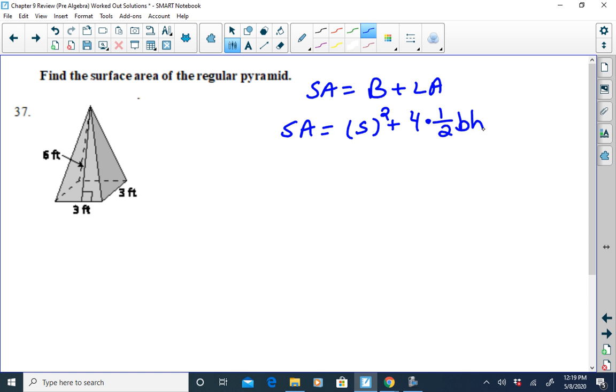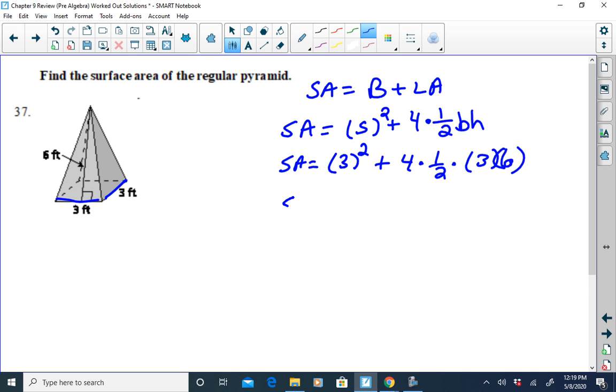The fact that the base is a square means you're going to have 4 triangles for your lateral area. When we have triangular pyramids, our lateral area is going to be 3 triangular faces. So your surface area is going to be equal to 3 squared, because that's the length of our base, plus 4 times 1/2 times base and height, which look like 3 and 6.